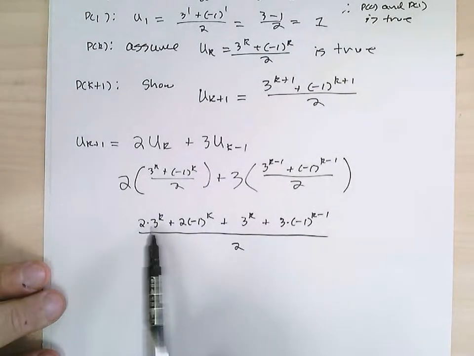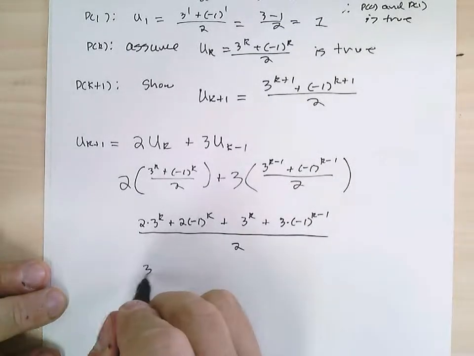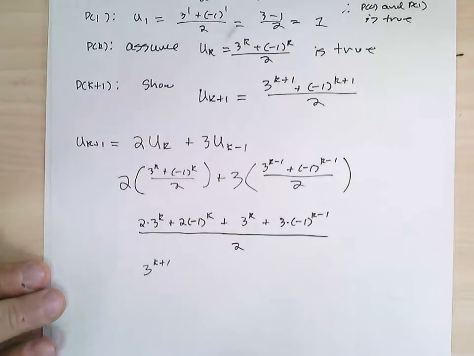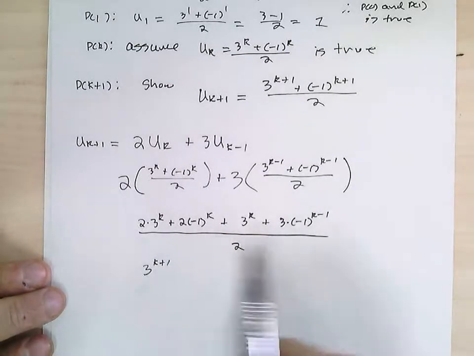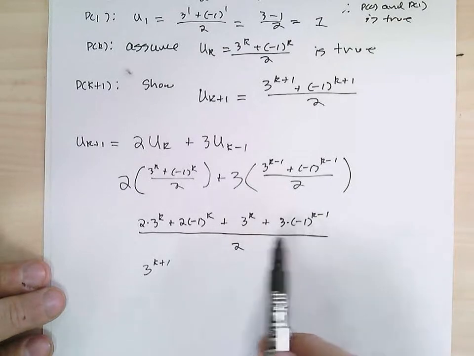Now what's good is here, these are like terms, right? 2 plus 1 is 3, so I'm going to end up with 3^(k+1). So that's good.